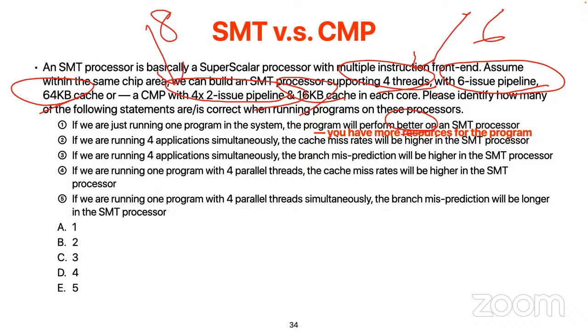Right. Okay, so here's the thing. Maybe I have 4 applications, but what if one of them has a footprint of 32 kilobytes and the other only has 8, right? In that case, if you have CMP, the one with a 32 kilobyte footprint can only use 16 at most, but the ones that use only 8K have another 8K which is wasted, right?